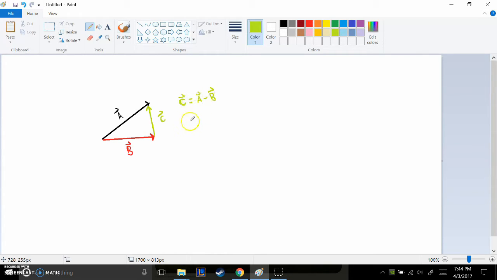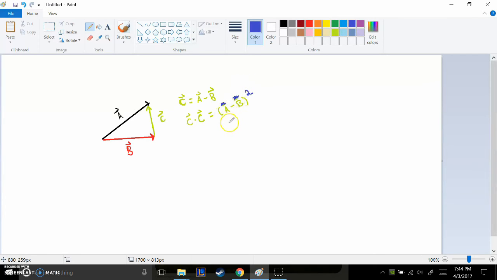And if I want to know what C dot C is, I'll plug my C in twice and we'll get A minus B squared, and we know that this comparison is going to turn them into a scalar value.